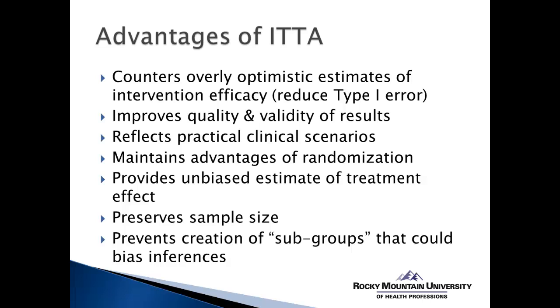Another strength is it also helps provide an unbiased estimate of the treatment effect. So if non-compliant subjects and dropouts are excluded from the analysis, it might create some differences among the treatment groups, and therefore they might respond to the treatment differently. But if we maintain an unbiased sample, then we have an unbiased estimate of the true treatment effect, whether it's effective or not effective.